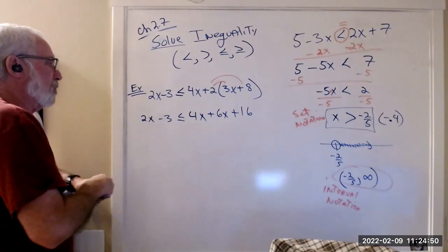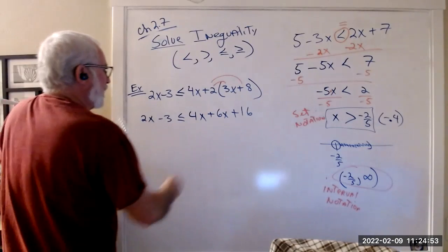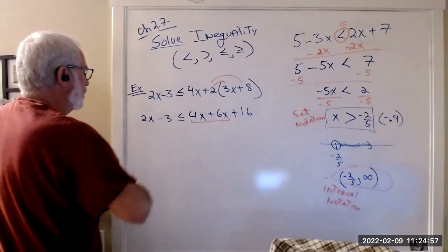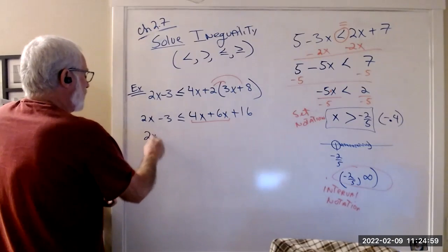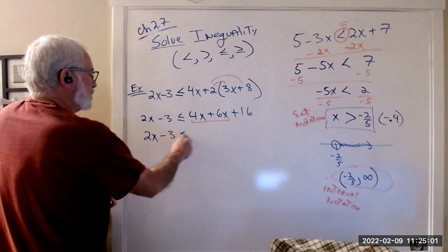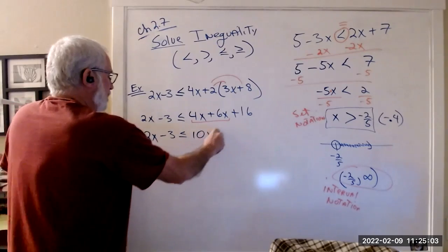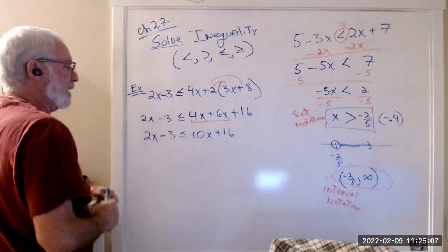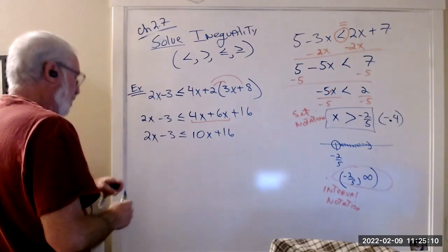There are no fractions, but I could combine these, and that makes my work a little bit simpler. So I have 2x minus 3 is less than or equal to 10x plus 16. Just a little bit cleaner.